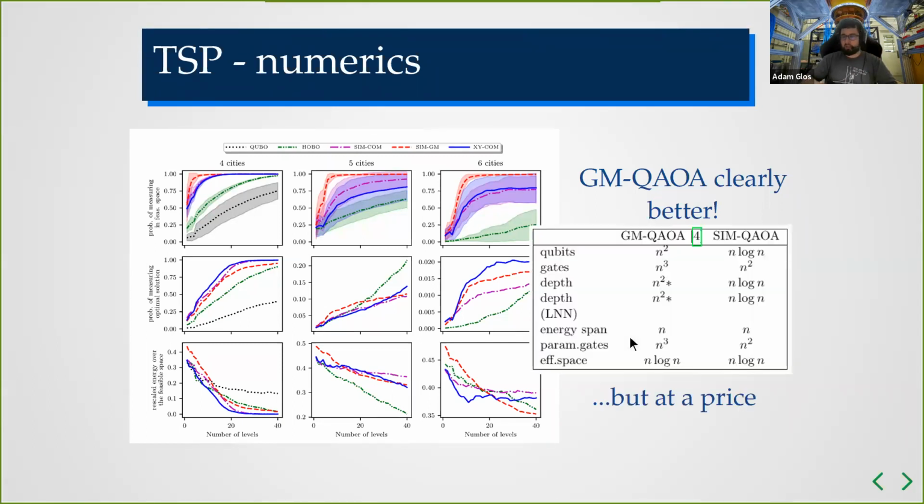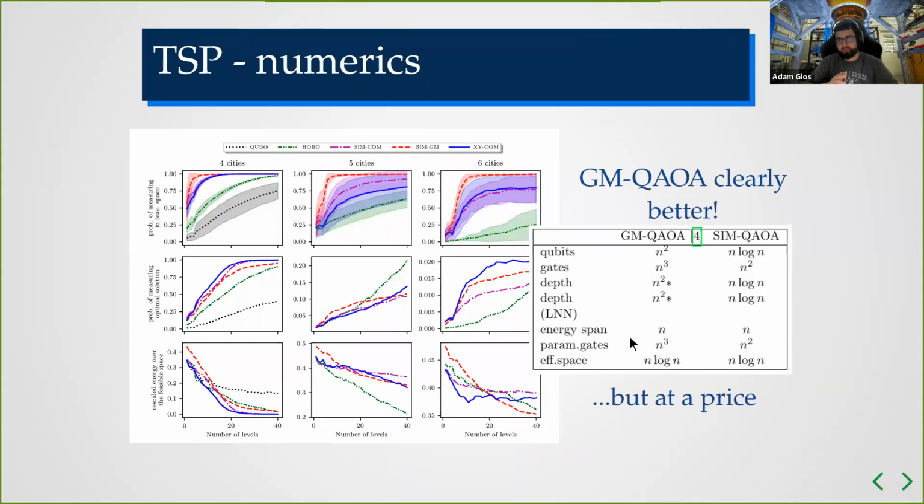GM-QAOA requires n squared qubits compared to n log n for ours. It requires n squared depth. Perhaps this could be improved, but this is the problem of having a good unitary matrix which creates a superposition of permutations.